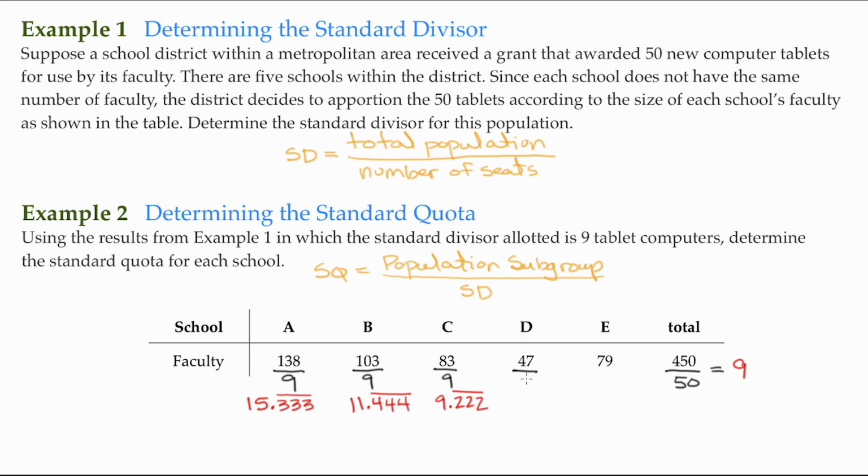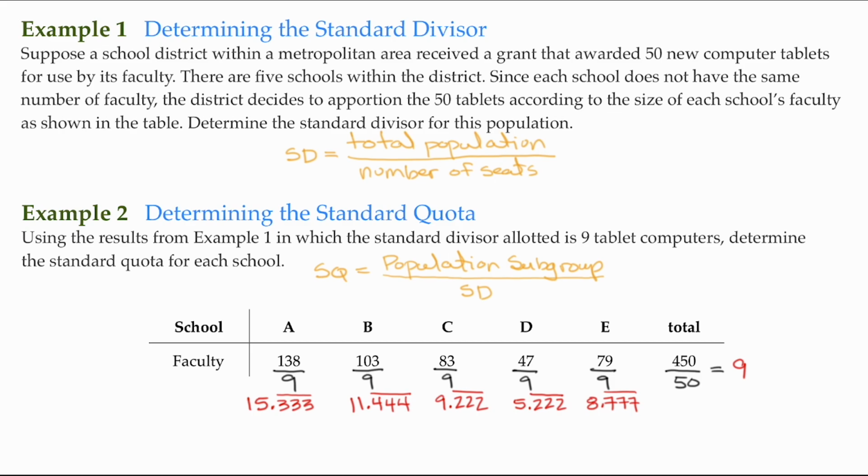School D, 47 divided by 9, that's 5.222 with that repeating bar again. And then finally for school E, we divide that by 9. And that's 8.777, and of course that repeats.